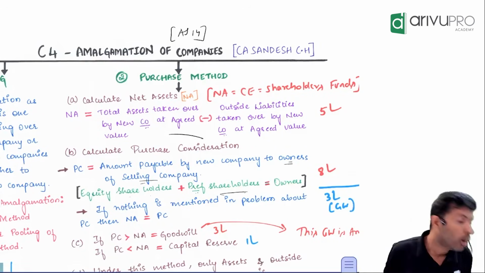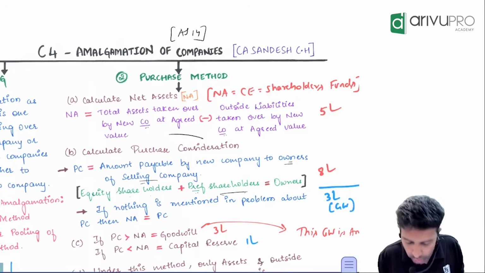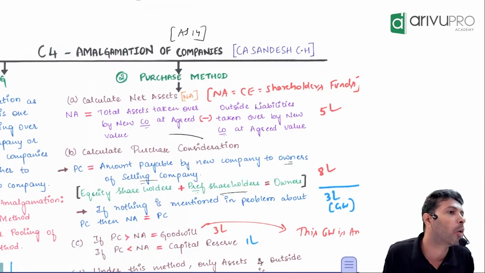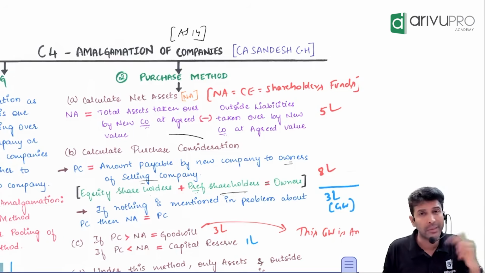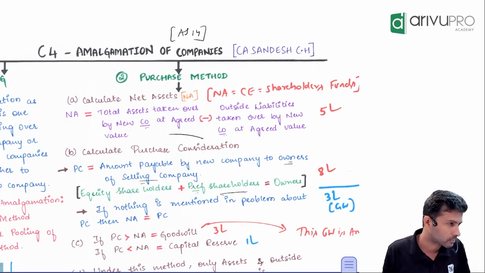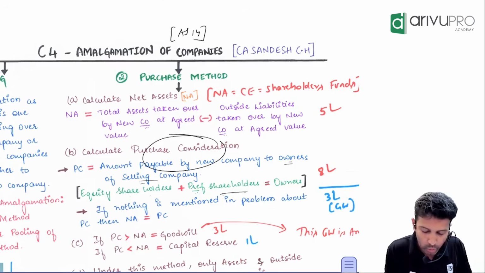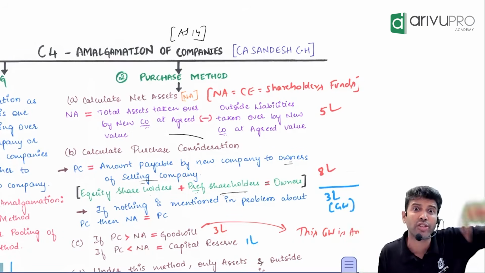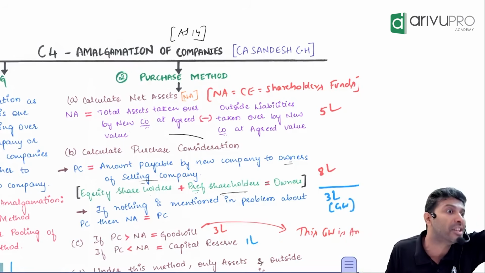Doesn't matter. Whatever you pay to the owners will come under the calculation of PC. This is very important. Many students make mistakes over here. It's not necessary that you have to give equity shareholders equity shares only. To equity shareholders of the selling company, you can also give debentures.